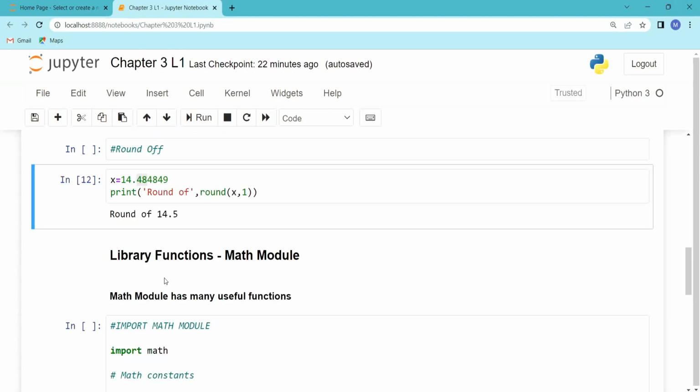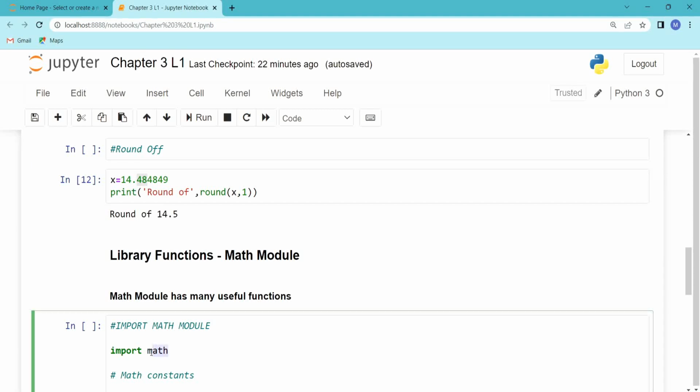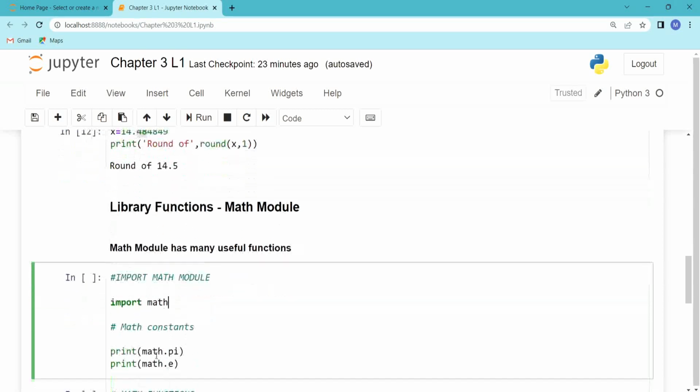To use library functions, we need to import the corresponding modules or the library itself. So math is a library which we are importing by the keyword import. Import math means we'll be importing the math library. In this library, we have many functions. Let us look at some of them. First thing, math constants.